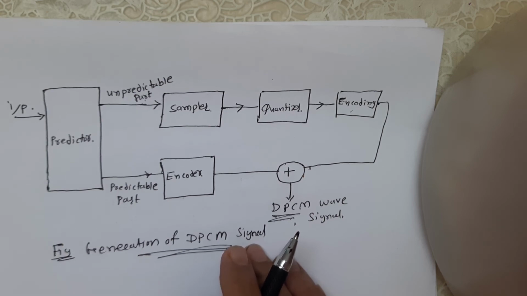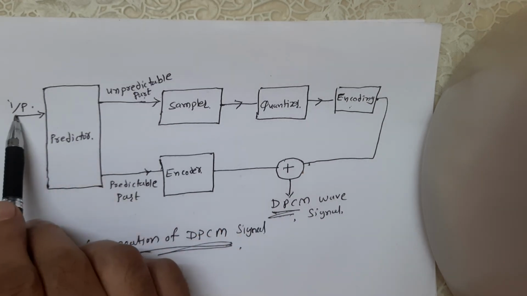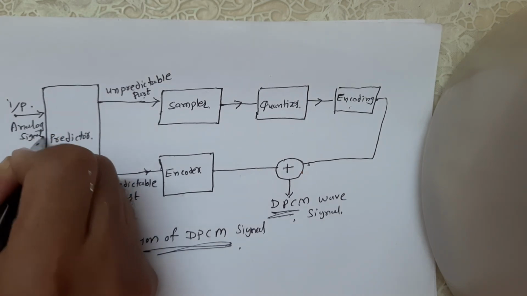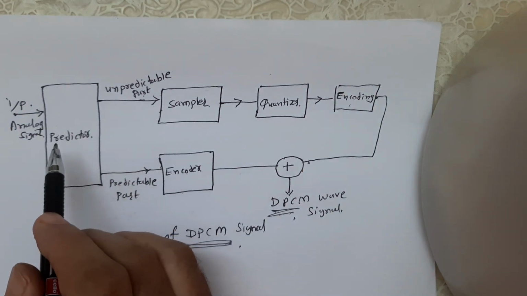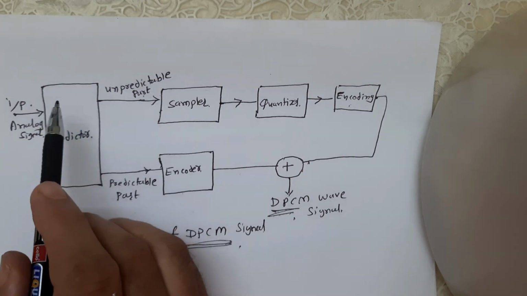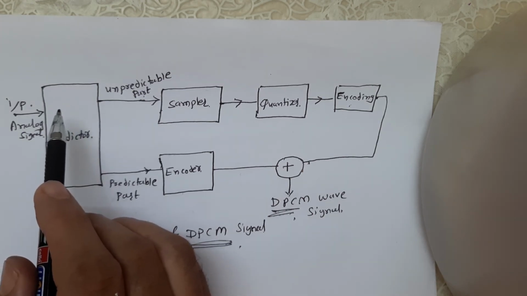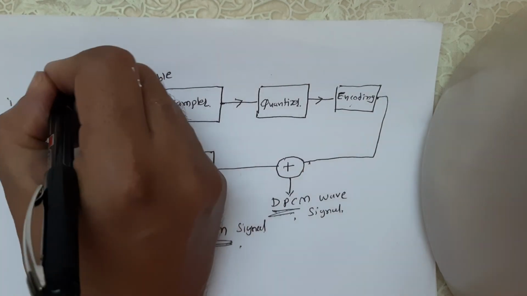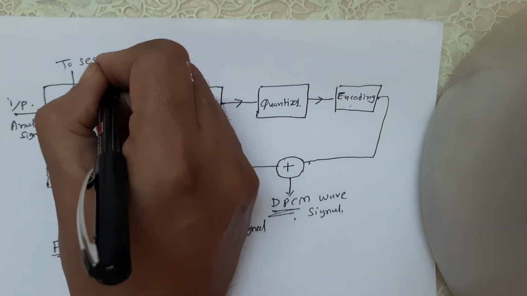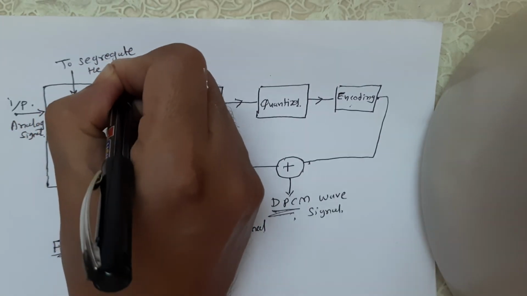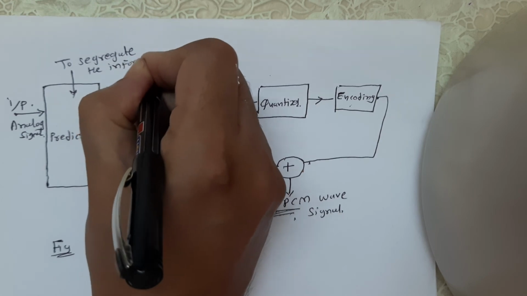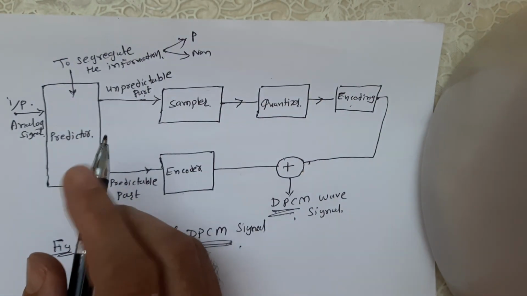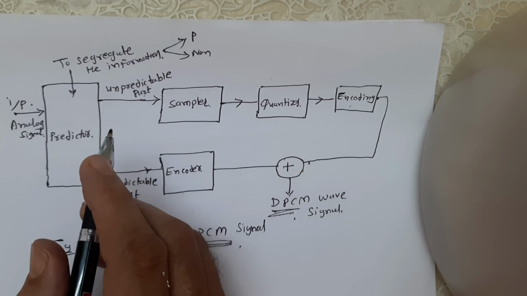The input analog signal is passed through the predictor, whose function is to segregate the information into two parts, predictable and non-predictable parts.